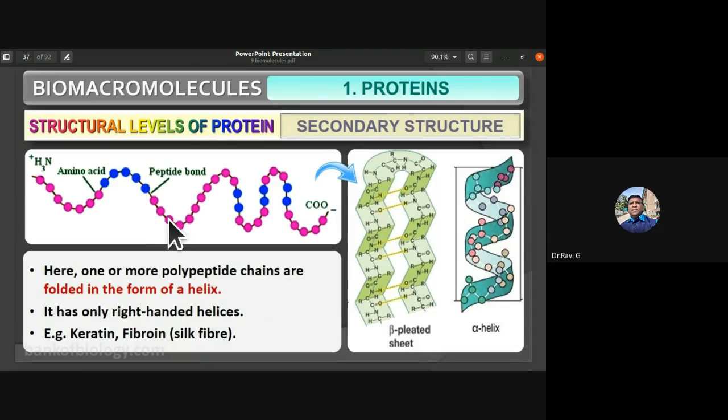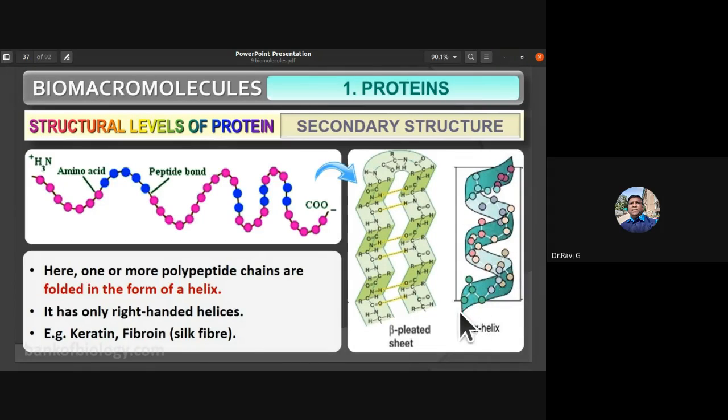In the secondary structure, one or more polypeptide chains are folded in the form of a helix. That is what you notice in secondary structure. It has only right-handed helices.